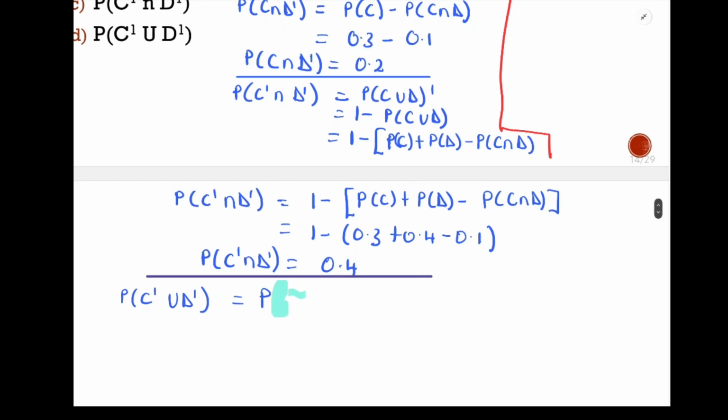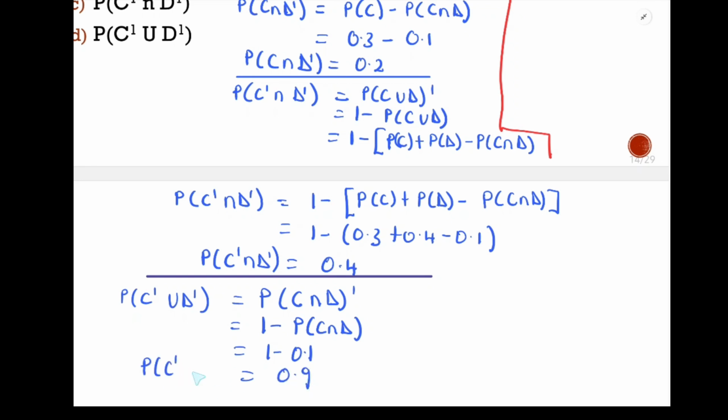So we shall have the probability of C intersection D complement, which will be the same as 1 minus the probability of C intersection D. From previous examples, we calculated the probability of C intersection D and got it as 0.1. So we shall have 1 minus 0.1, which will give us 0.9 as our probability of C complement union D complement.